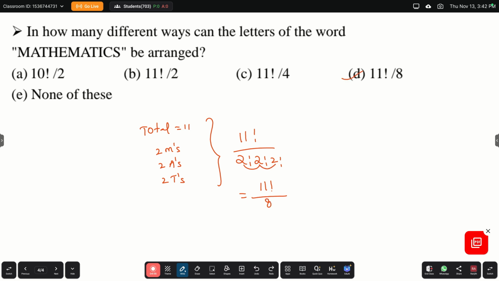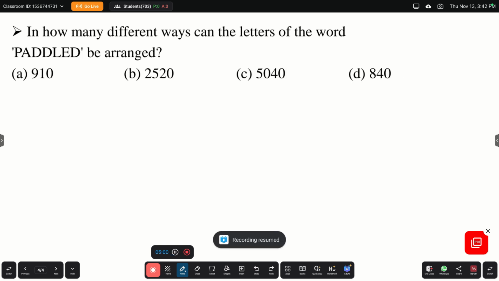In how many different ways can the letters of the word PADDLED be arranged? In the given word, how many letters are there? Number of letters are 7 letters. 7 letters are arranged by 7 factorial.